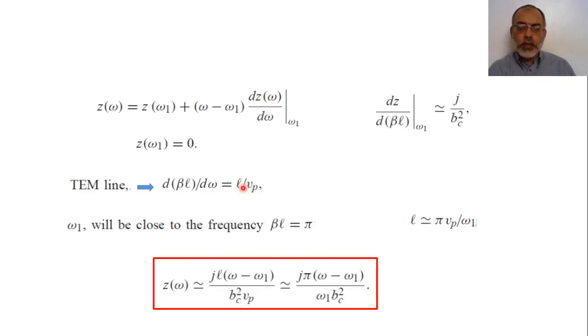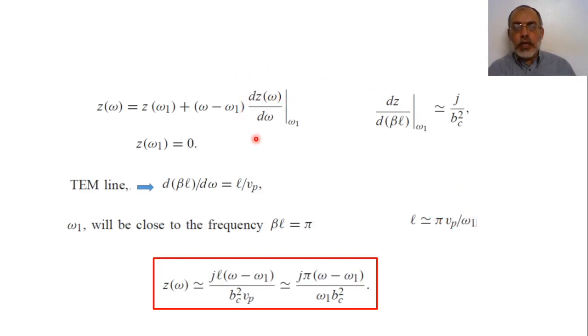So we can replace the value of L here by pi V phase over omega 1, then over V phase. So the term d beta L over d omega would be simply pi over omega 1. Now we have dZ over d beta L is j over BC squared multiplied by d beta L over d omega, which is pi over omega 1.